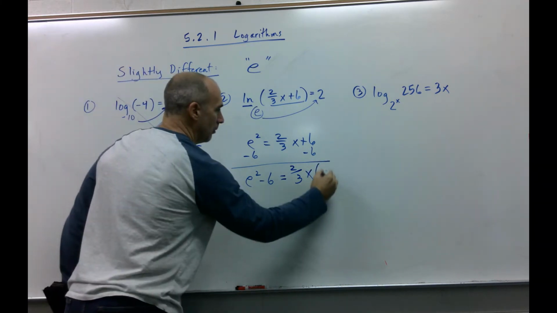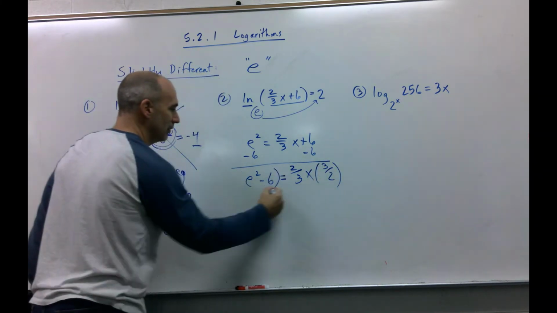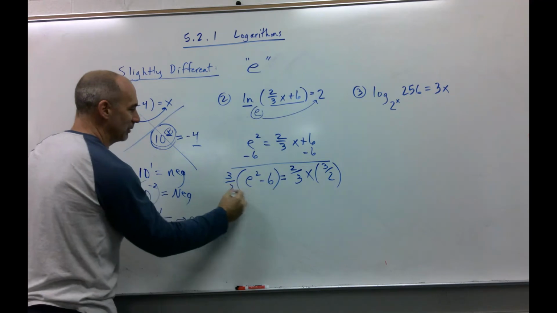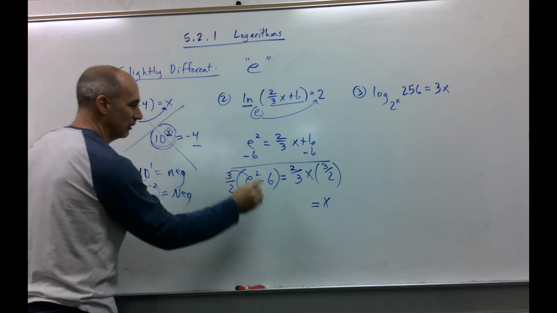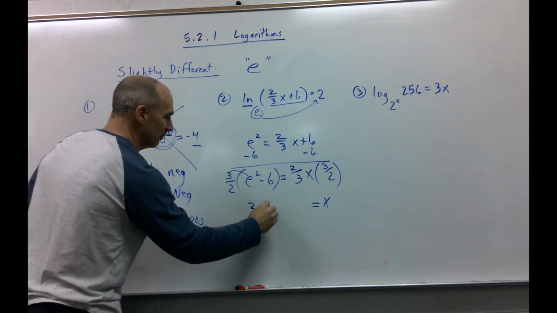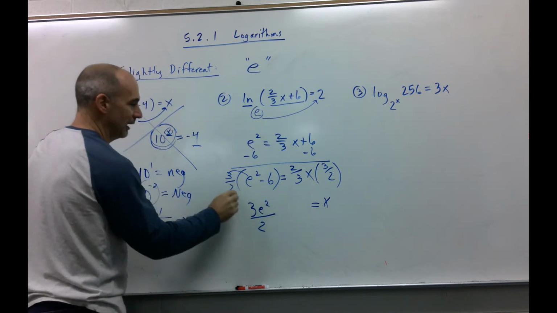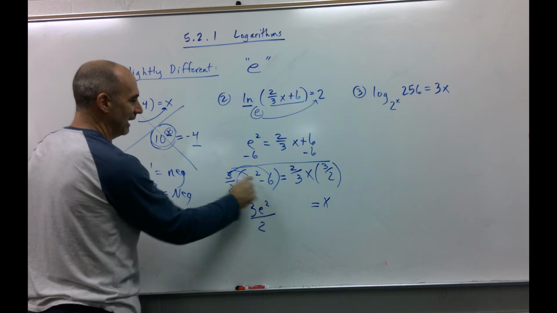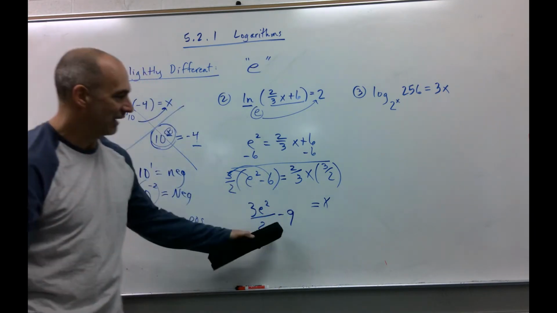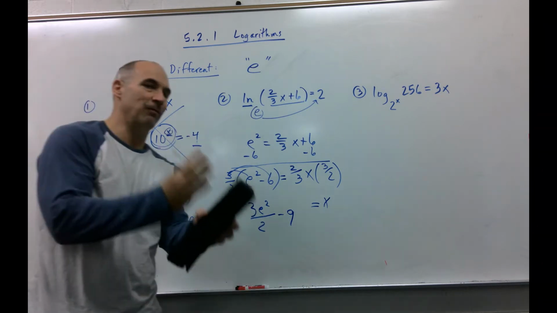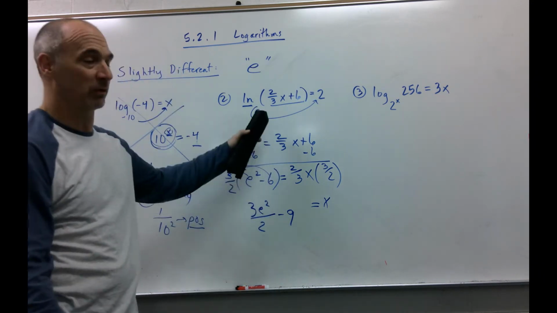So I'm going to multiply that side by 3/2. I'm going to multiply this side by 3/2. This side is just x. This right here is 3e squared over 2. And then when I hit that with 3/2, it's 18 over 2, which is minus 9. Yes, very fancy looking answer, but you just followed the rules of algebra and logarithms.